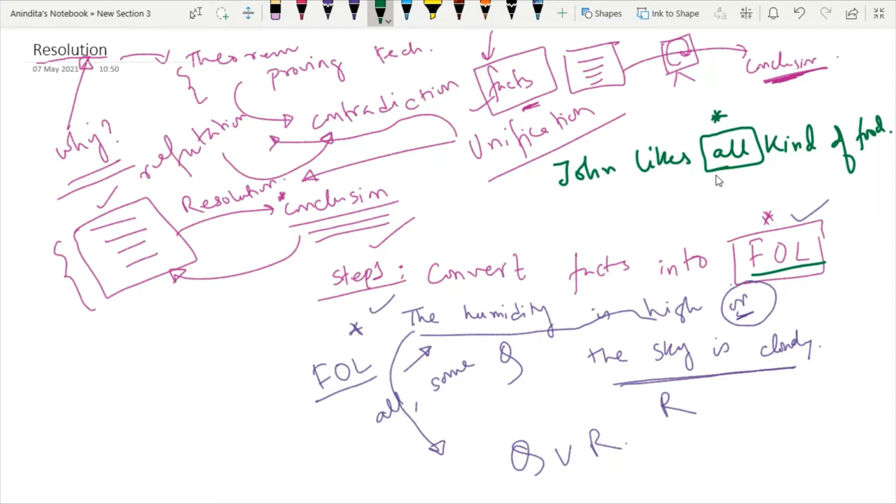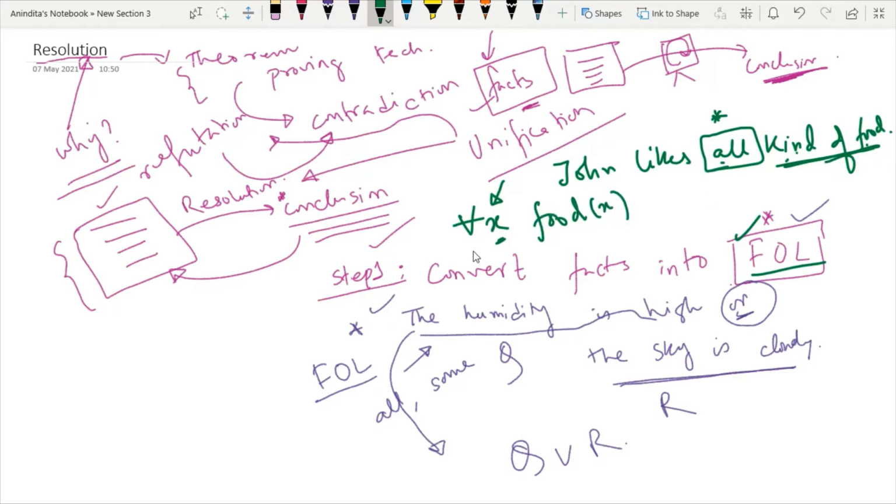So we have to use the universal quantifier here. So the first order logic conversion will be, for all kind of food, it means we have to use the all quantifier, and then I have to use one variable which signifies the food. So x is a food, because all kind of food I have to represent. So I will write food x.